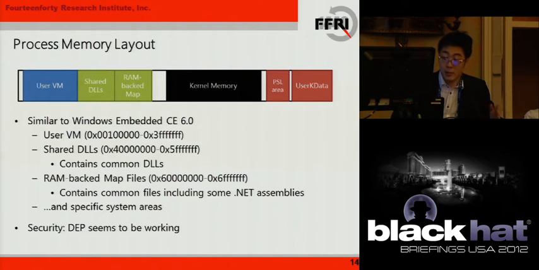Unlike Windows CE 4.2, which is used by Windows Mobile 6, all processes are properly separated, just like Windows NT. This is pretty good. So I used native code to generate a memory map, and it seems DEP, data execution prevention, is working quite well. However, I discovered an implementation issue. I will talk about this in the exploitation part.